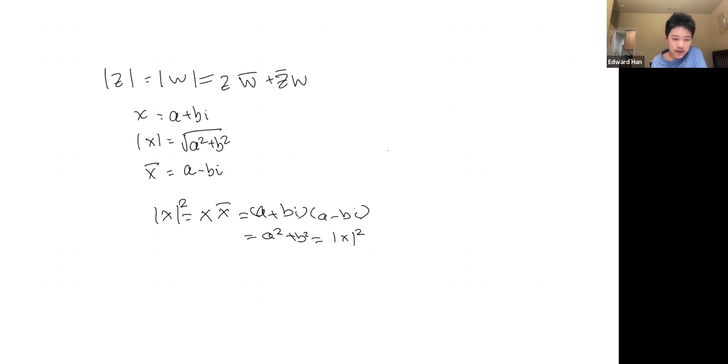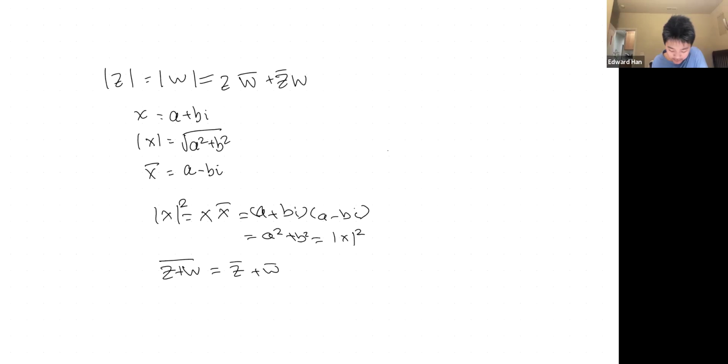The second property you need for this problem is that the conjugate of two complex numbers, say z plus w, is equal to the conjugate of z plus the conjugate of w. This is very simple to prove.